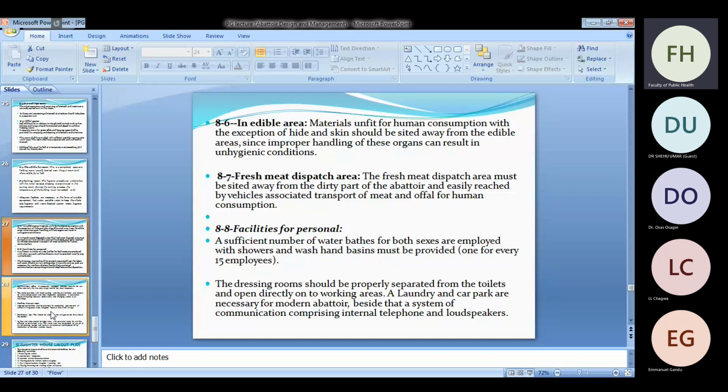There should be facilities for personnel. A sufficient number of water baths for both sexes are employed with showers. Wash hand basins must be provided, one for every 15 employees.